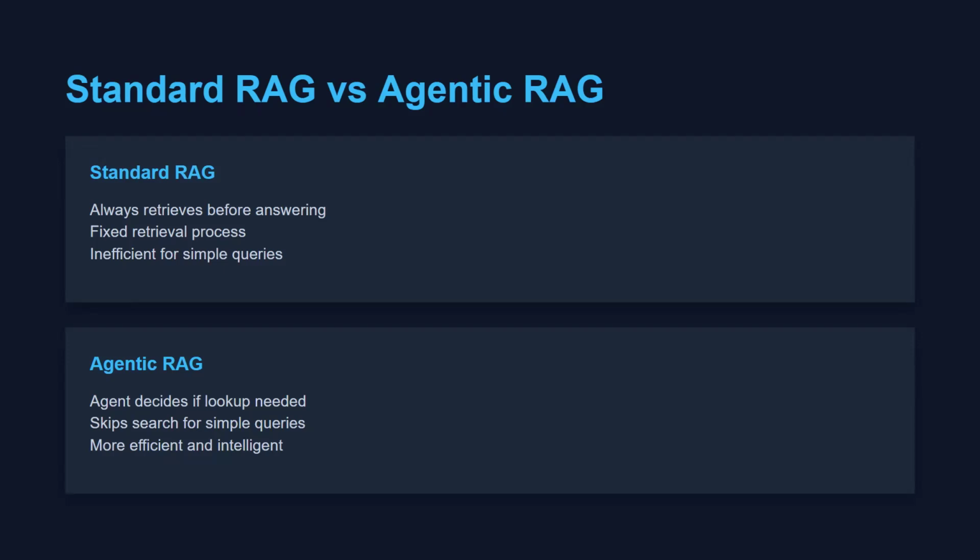Even if you're providing some input, it will decide whether it has to search or skip the search, or whether it's a very simple query where search is needed or not. So it will decide that, and then it will take the action. Standard RAG is very inefficient, whereas agentic RAG is more efficient, and it is more intelligence based.